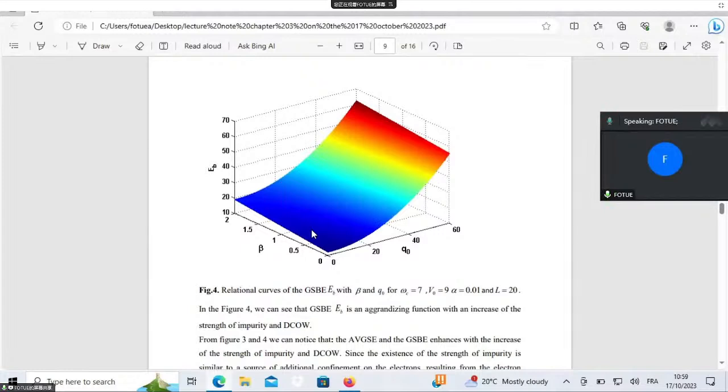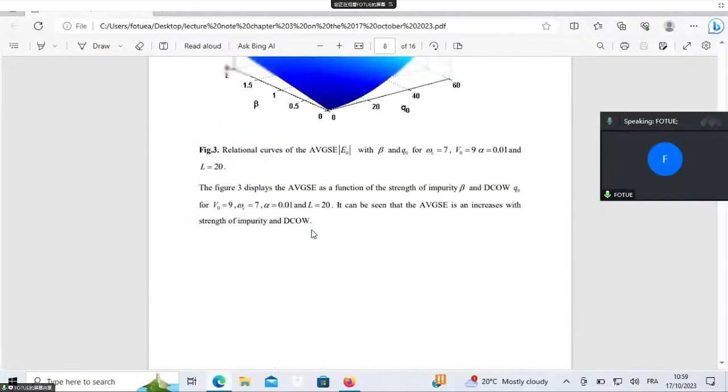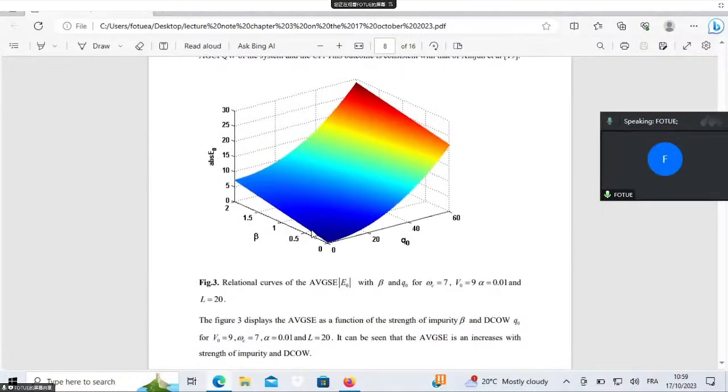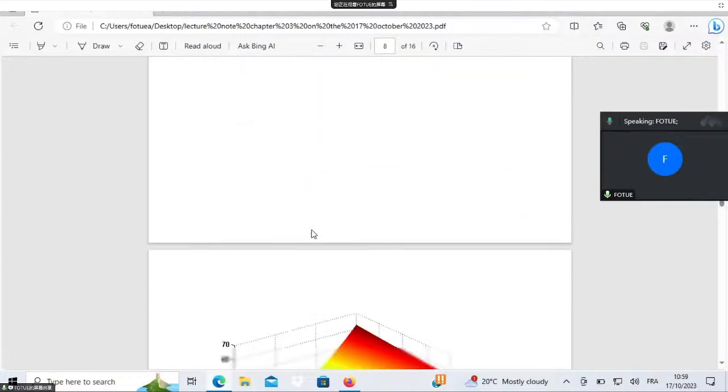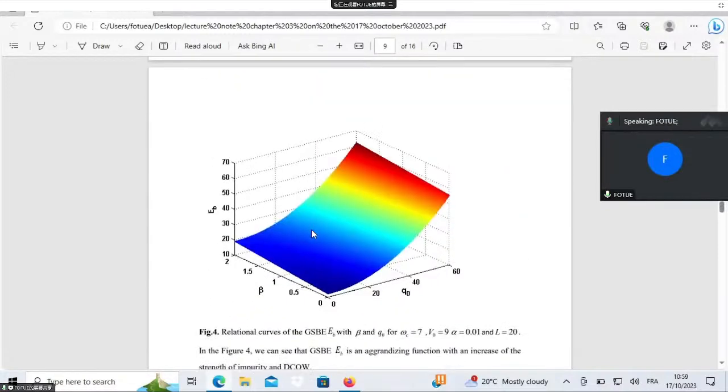It means that it is the ground state energy which dictates the behavior of the binding energy.